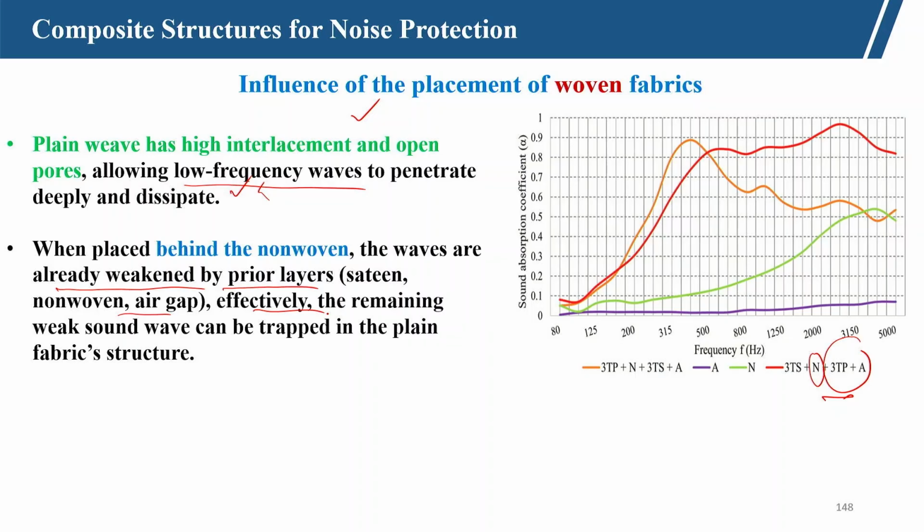Effectively, the remaining weak sound wave can be trapped in the plain fabric. So, the weak wave will be trapped in a better way by the plain fabric. A strong sound wave will not be trapped if we place the plain weave at the front.